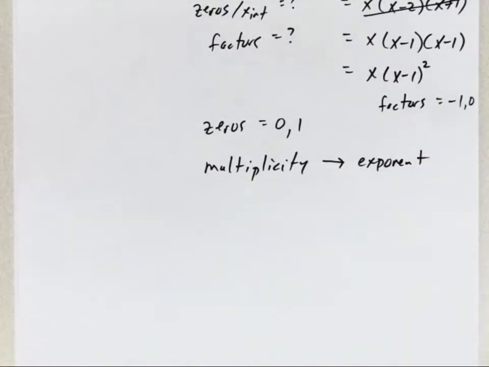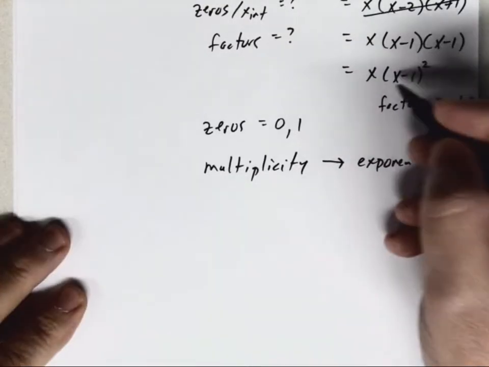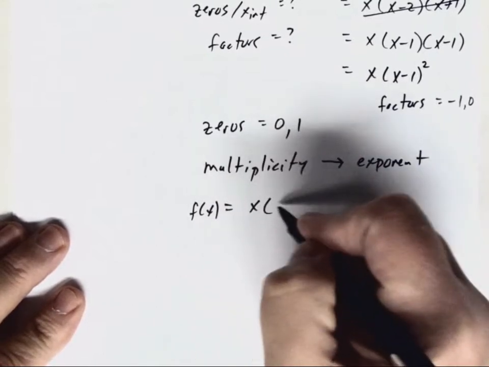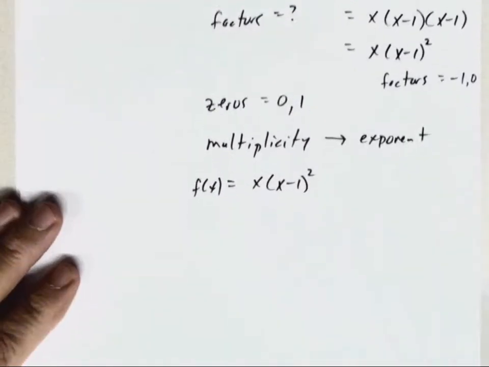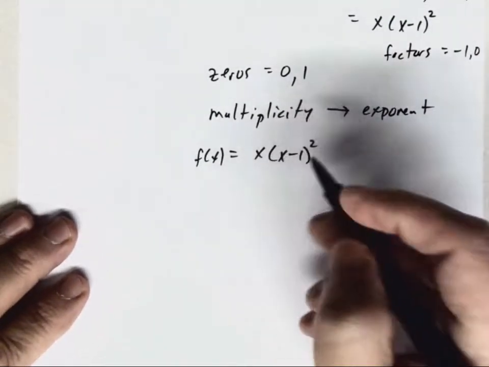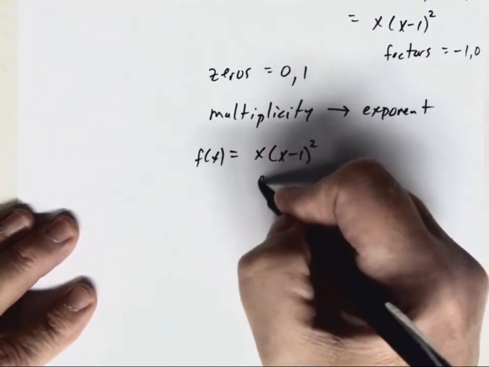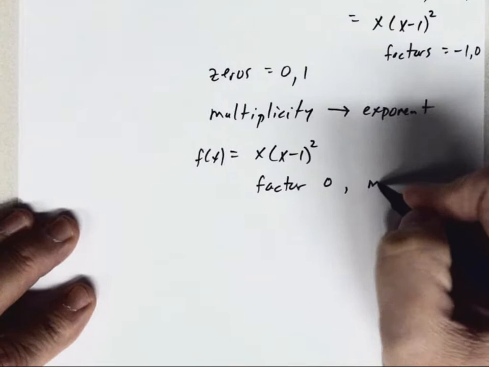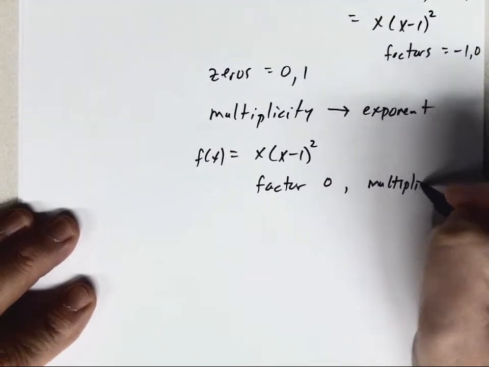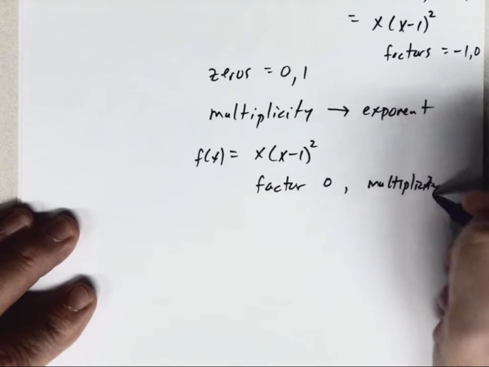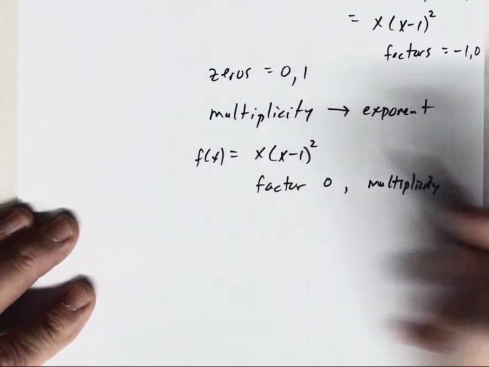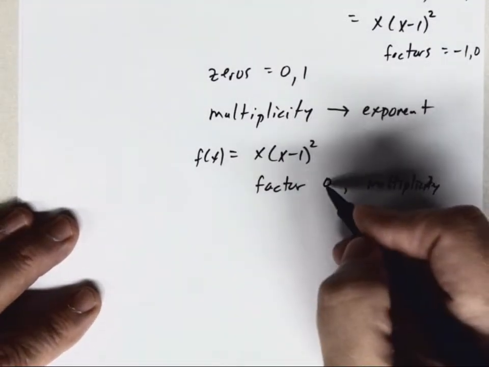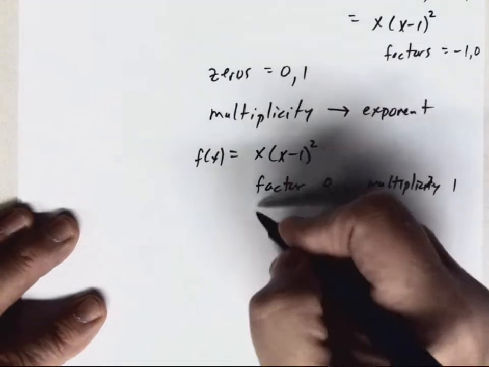So here's what they like to say. For this factored equation, here's what they'll say sometimes. First, our first factor is 0, and for that factor, the multiplicity, in other words, the exponent on the variable for the factor of 0, is just 1.